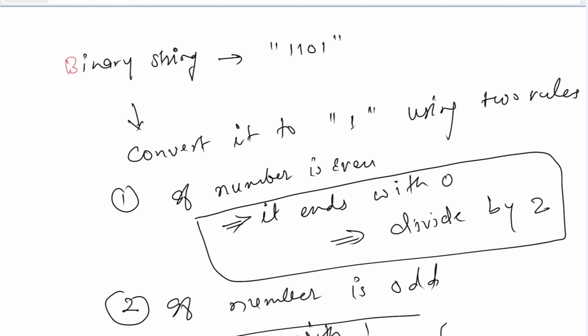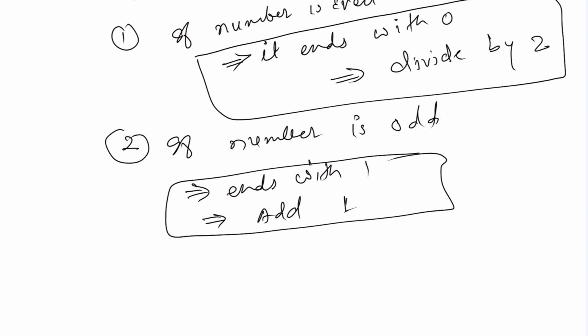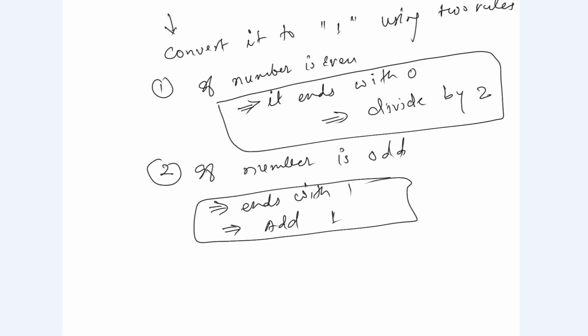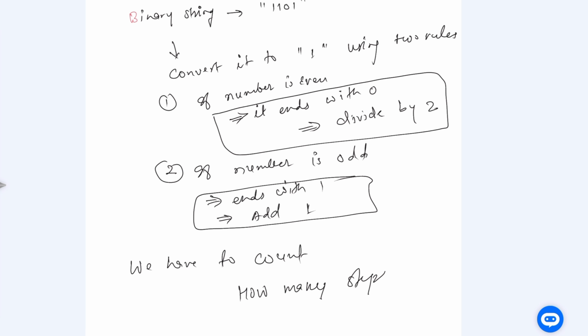So these are the two rules we have been given, and what we have to do is count how many steps it takes. This is what we have to find.